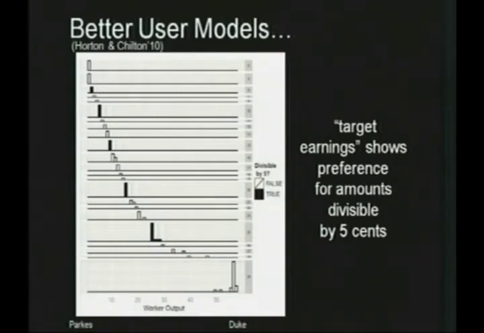So for example, if you look at this line at 15, this is the height of this bar: 15 is the amount of people that worked in the system and achieved a final earnings of 15 cents.